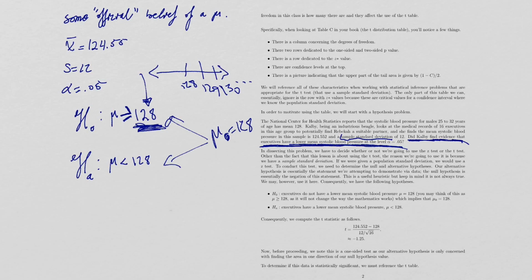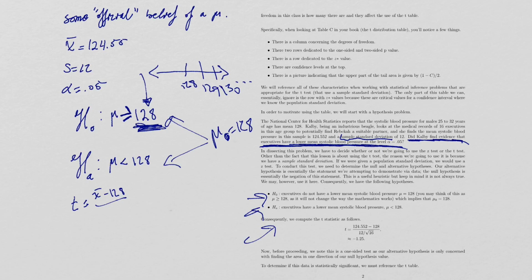And so now we go about doing a t-test, okay? So if you check our null and our alternative hypotheses, check out. So consequently, we compute our t-statistic. And this is not surprising. We get this 128.